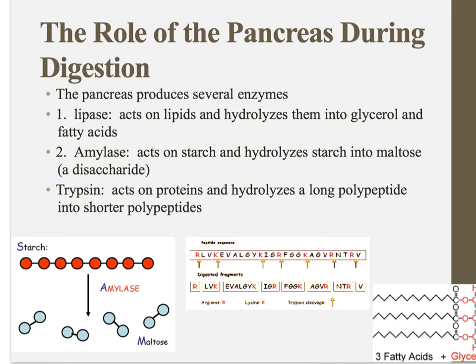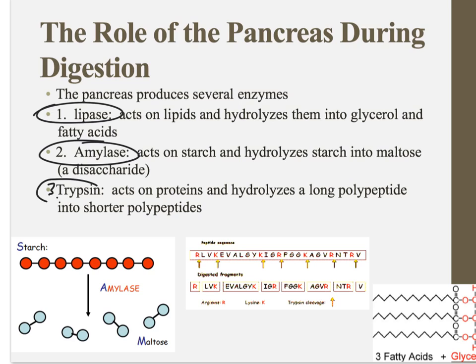Amylase hydrolyzes starch. Remember, starch is made of many glucose monomers. It doesn't break them up into glucoses. Amylase breaks them into maltoses, groups of 2. They'll get broken down into glucoses later on by another enzyme.